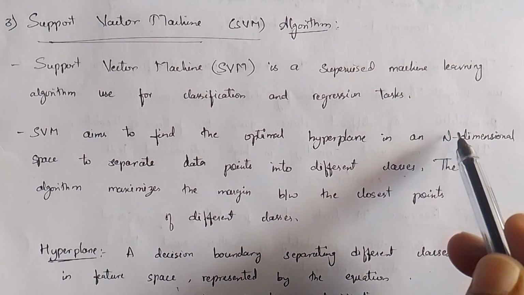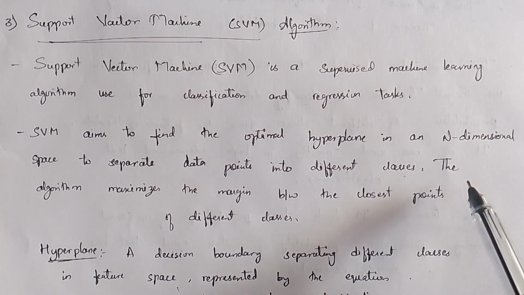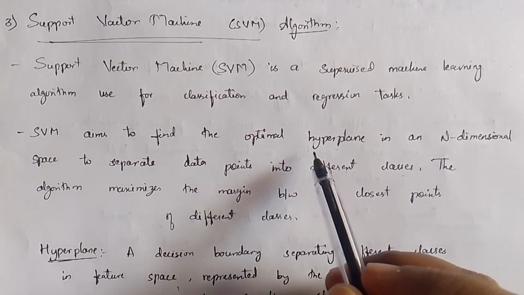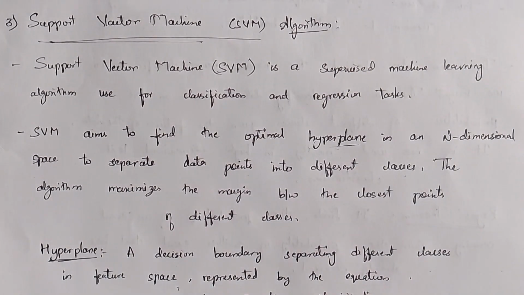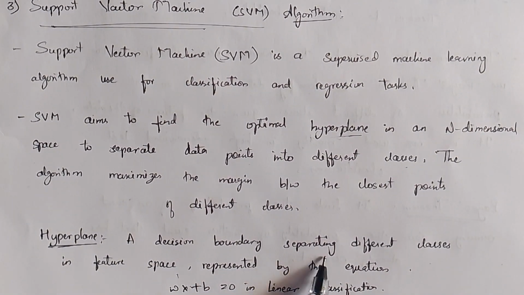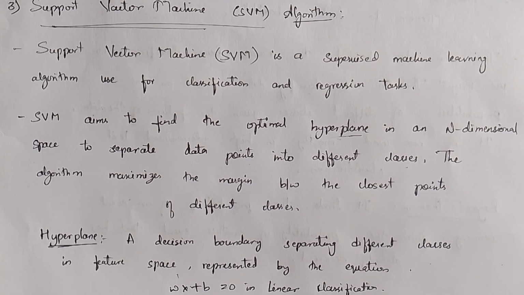I think you may not be able to understand this, so let's take an example. The hyperplane is a decision boundary separating different classes in feature space, represented by the equation wx plus b equals 0 in linear classification. Basically, the hyperplane is a boundary which separates two classes.